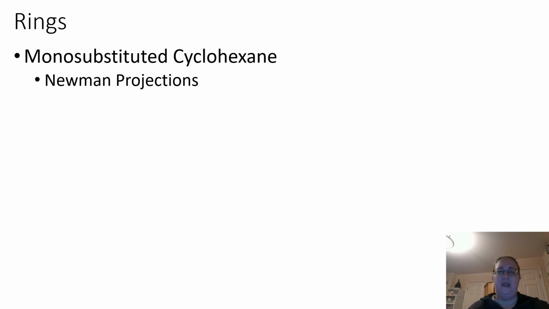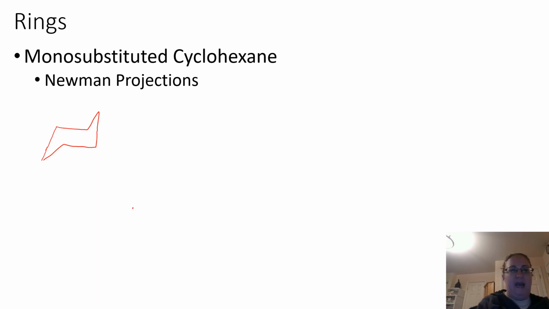I do want to look at this under the Newman projections as well to give you an idea of what we're looking at when it comes to staggered versus eclipsed. So we're going to draw our two chair structures, but I'm going to draw them a little bit differently than on the other screen, because I want that methyl group to be on one of the Newman projection carbons, one of those carbons that are all in the same plane that we're going to be looking down.